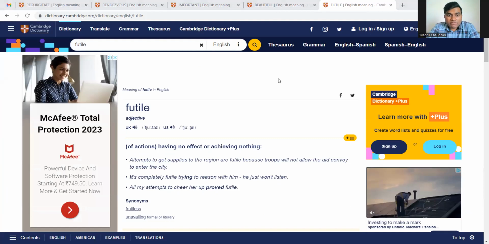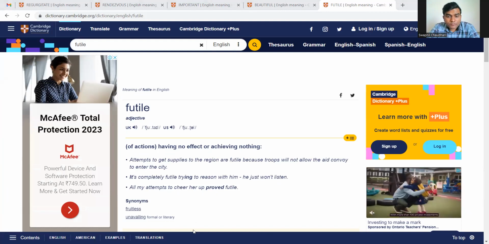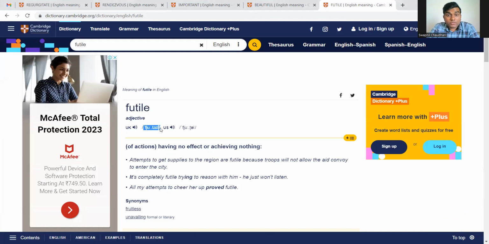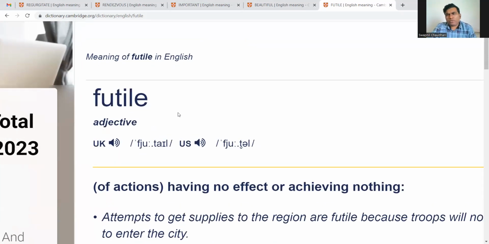And I just quickly opened this very page, the Cambridge Dictionary page. I quickly searched this word and you can see I was able to read it. And I said, oh yeah, it's futile. Yeah, a slip of tongue. It's futile. Yeah, slip of tongue. Right. And they were able to let it go and they allowed me to continue the class.